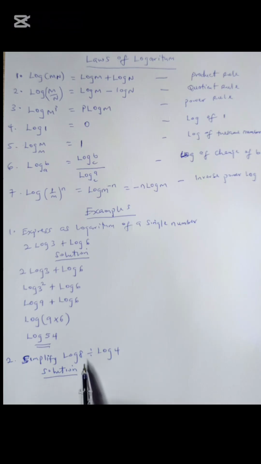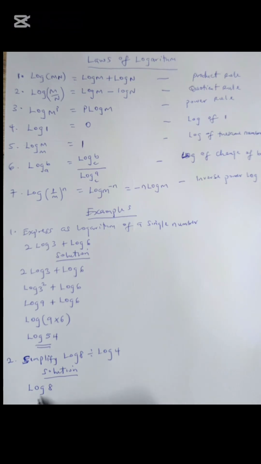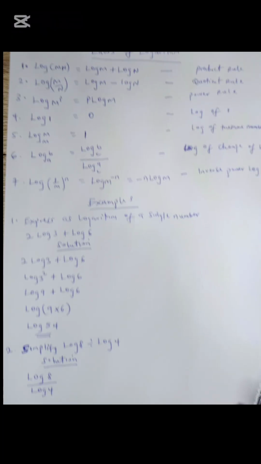This is talking about a division rule. So that will be log 8 over log 4. Don't forget, anytime we have ordinary log of 8, it means log 8 base 10. They did not give us the base, but the base is automatically base 10.